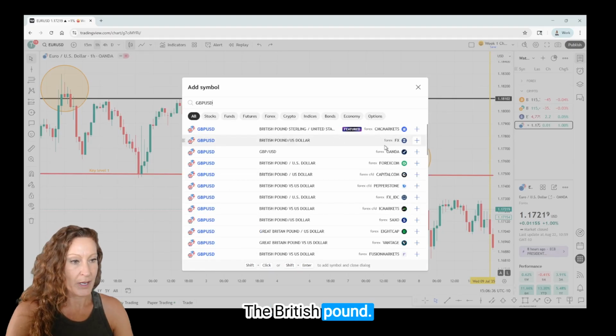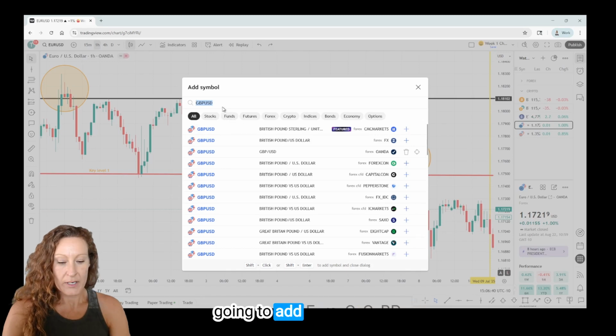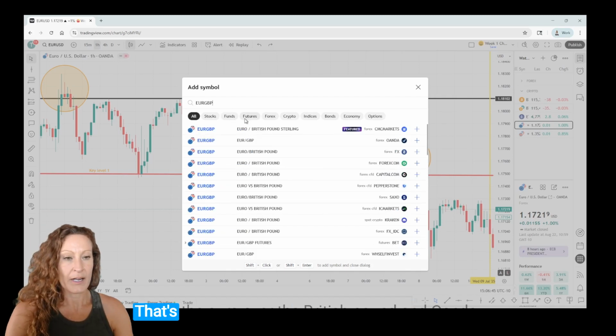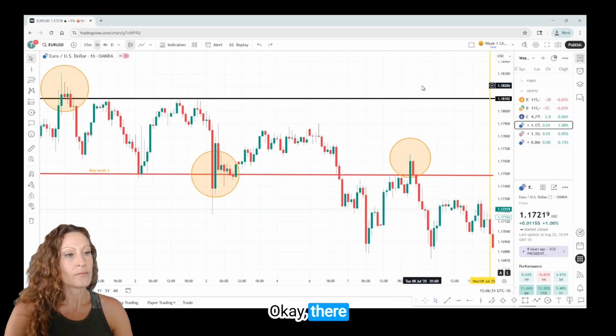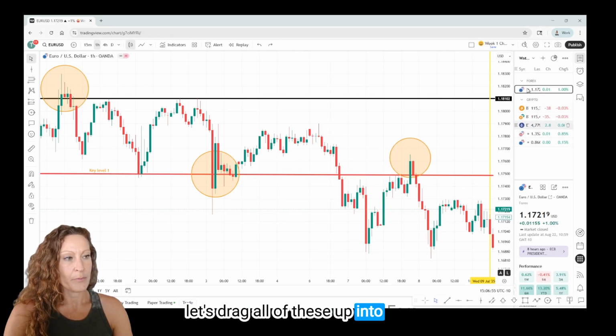The British pound, stick with Oanda. And then we're going to add Euro GBP. All right, that's the euro over the British pound and Oanda. Okay, there we go. And let's drag all of these up into Forex.